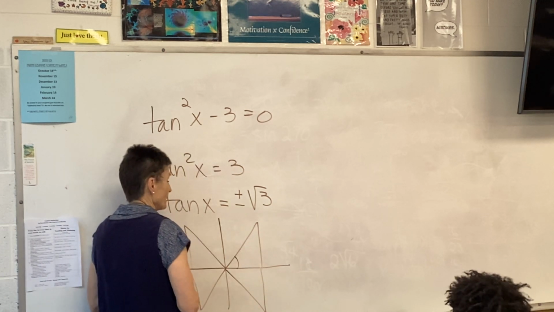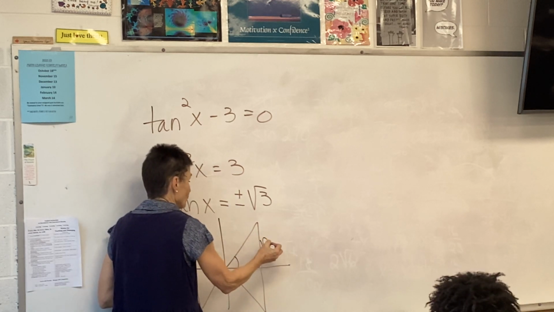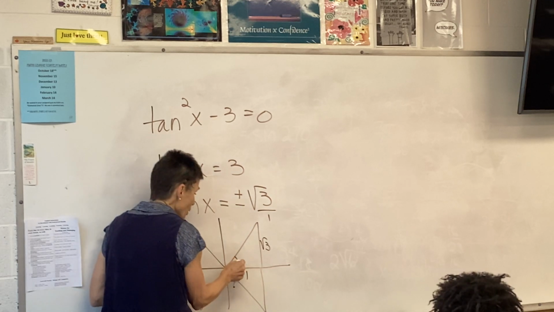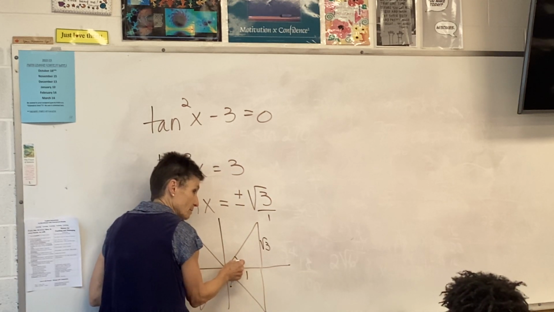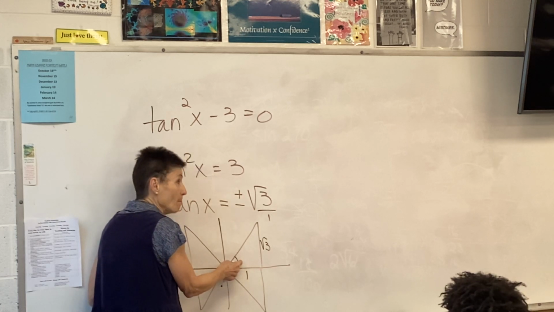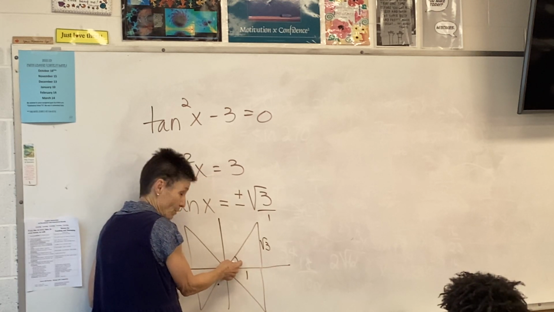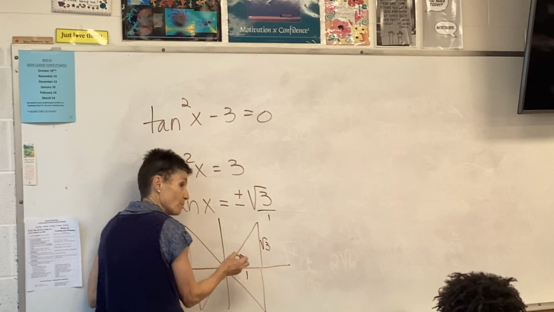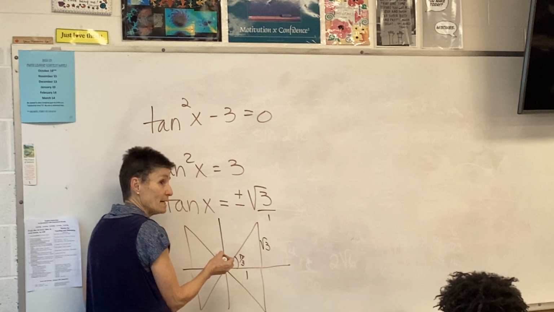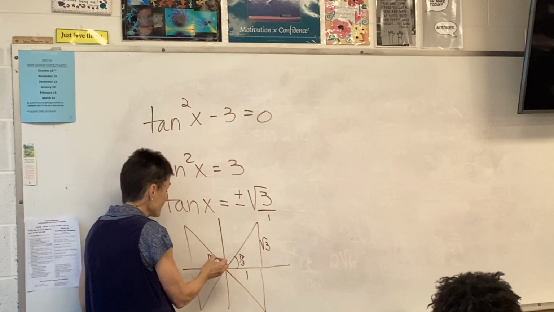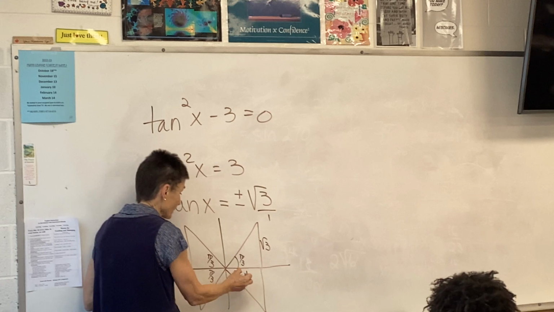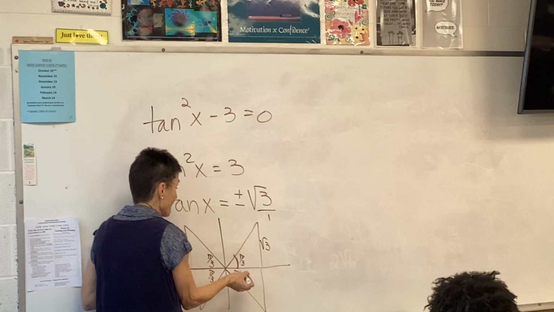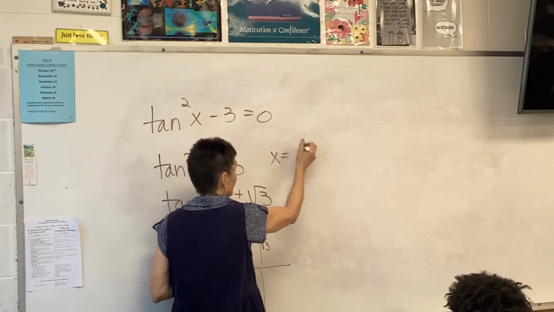If the tangent is root 3 over 1, then you should know how big that angle is right there. That's a 60. But the directions are in radians, so I won't say 60, I'll say pi over 3. 180 divided by 3. So all of these angles are pi over 3's. Is pi over 3 then one of my x values? Yep.